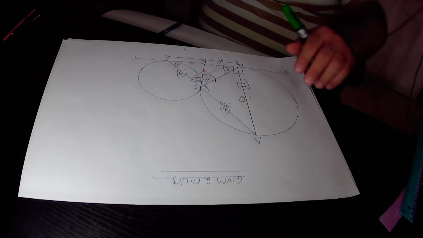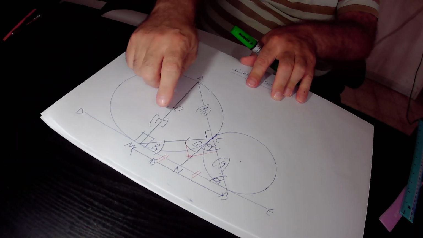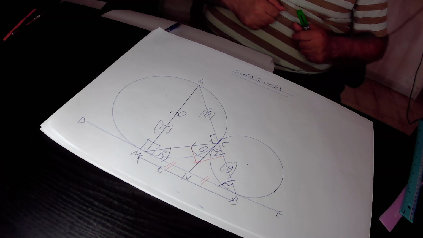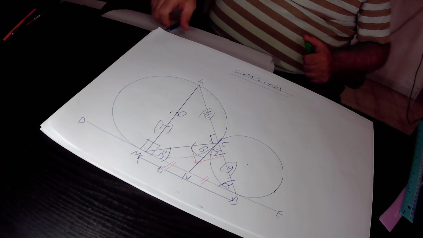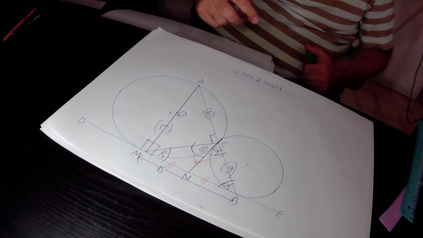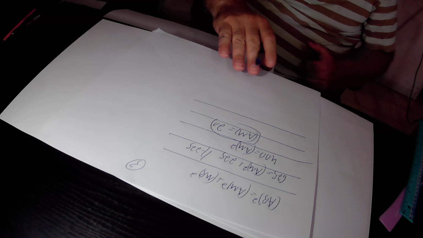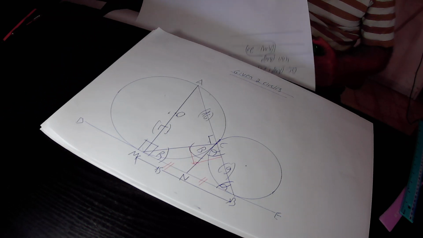So the diameter AM equals 20 units in its length.